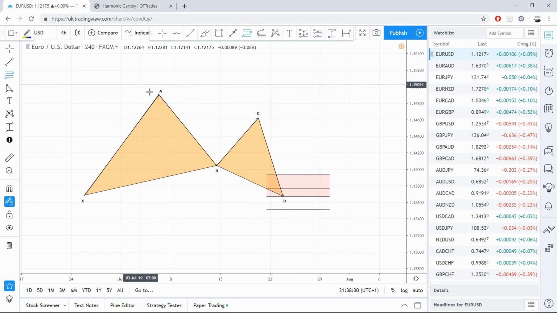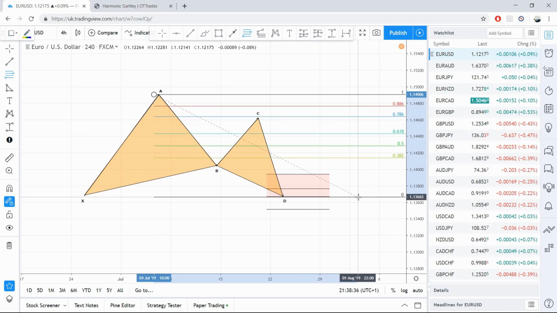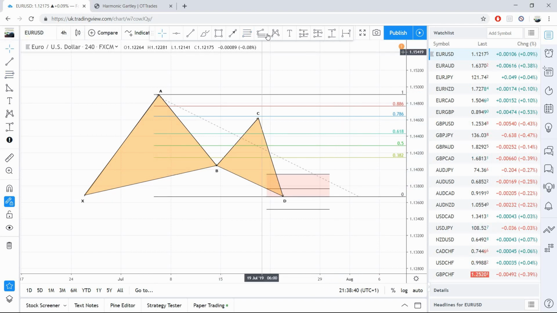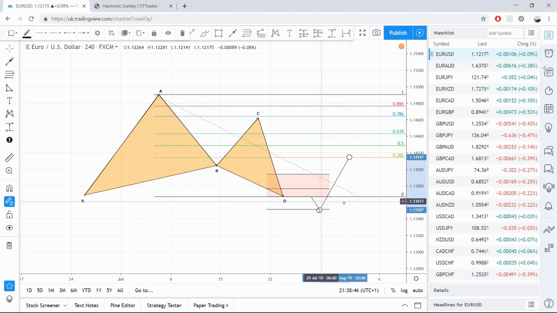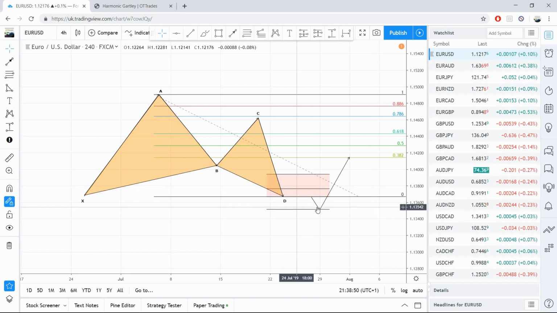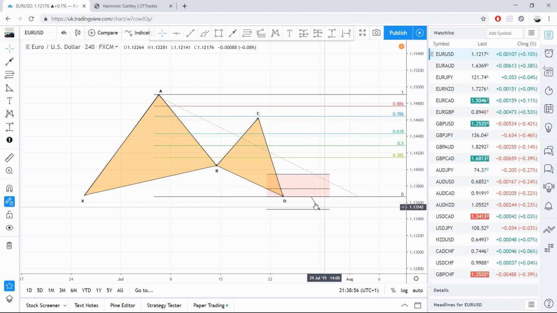And targets at the 382 and 618 of A to D. Now, as you can already see, we've got slightly better risk to reward ratio than we would in an advanced Gartley. So that is our risk, this level here, between the D point and our stop loss, and that is our reward to the first target, and obviously second target is going to be at that 618 level.